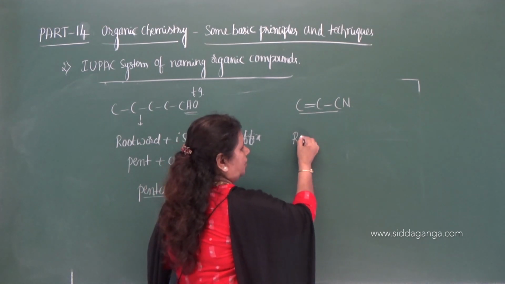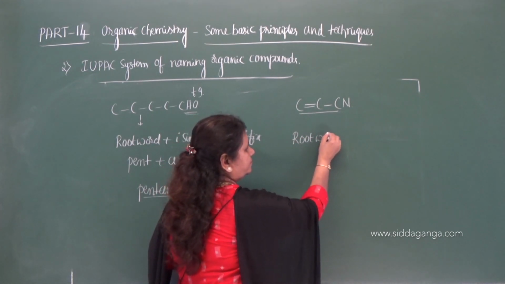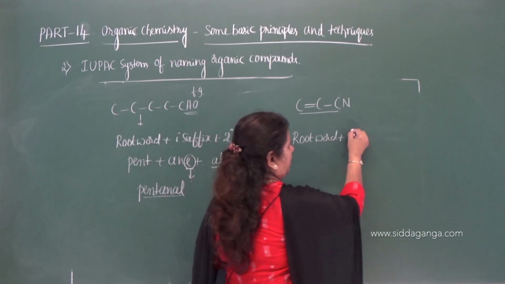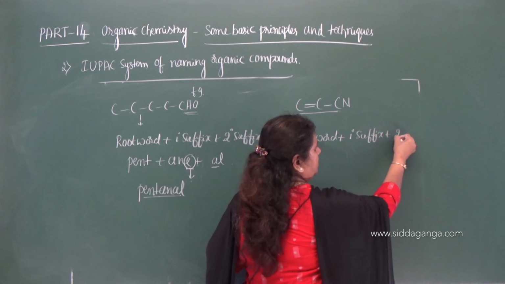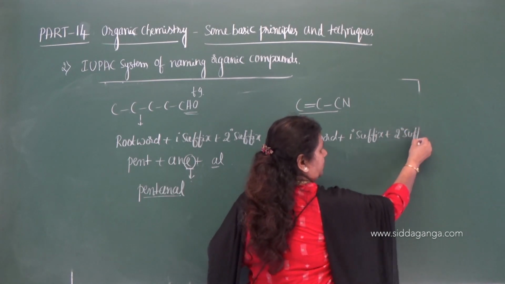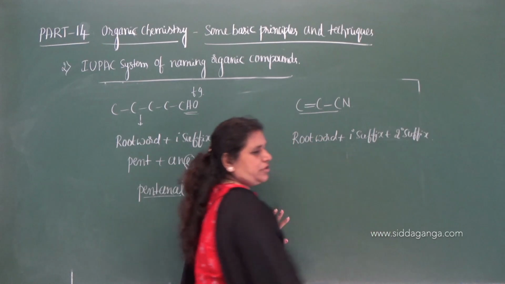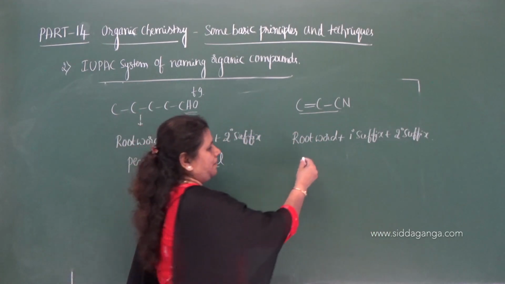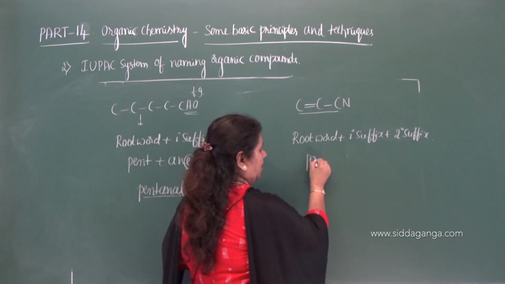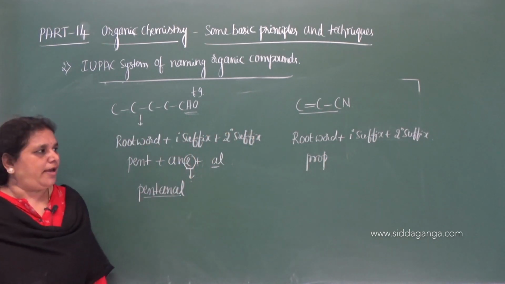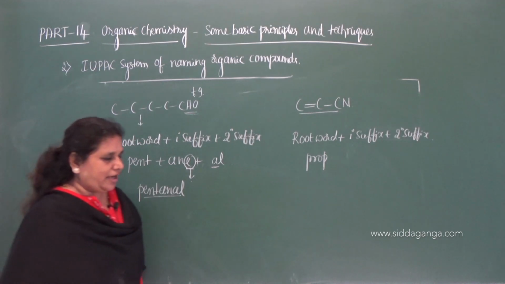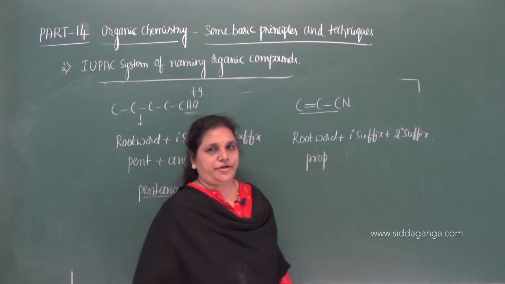Let me write root word, primary suffix and then secondary suffix. The root word depends on the number of carbon atoms. 3 carbon atoms are there. Therefore, prop is the root word.